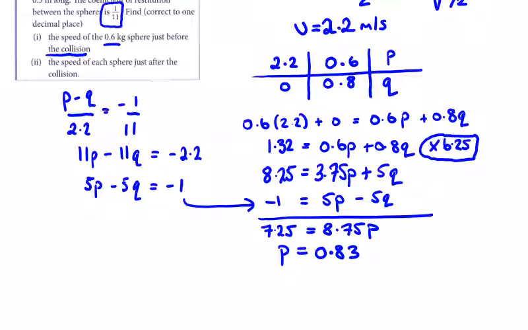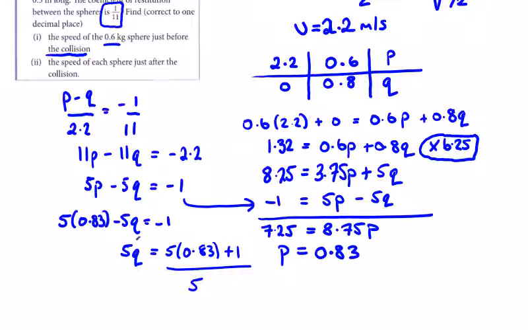And if p is equal to 0.83, 5 times 0.83 minus 5q equals minus 1. So 5q is equal to 5 times 0.83 plus 1. So I have to divide the whole thing by 5 to get q. And typing that into a calculator, I get q is equal to 1.03. And these are speeds, so meters per second.